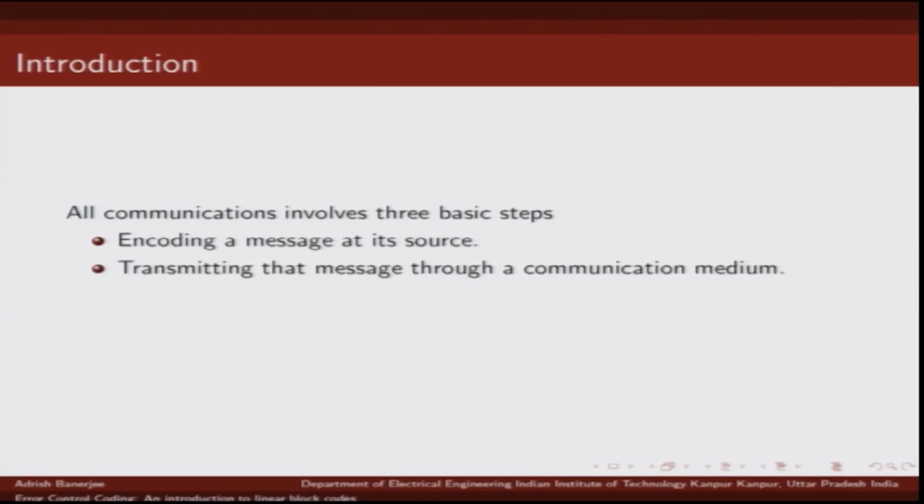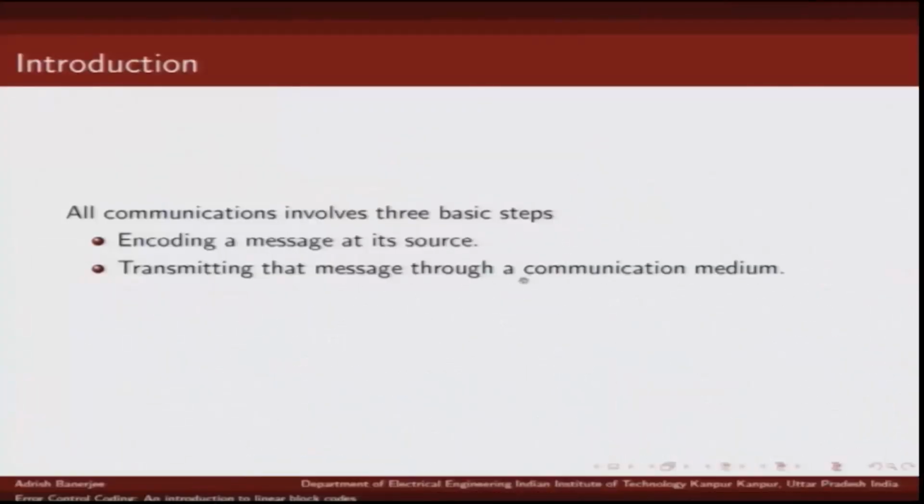Second, once you have represented your source, you want to transmit that source over a communication channel. So the second step is transmission of the message through a communication channel. Finally, once the receiver receives the message, it has to decode it to find out what information was transmitted.